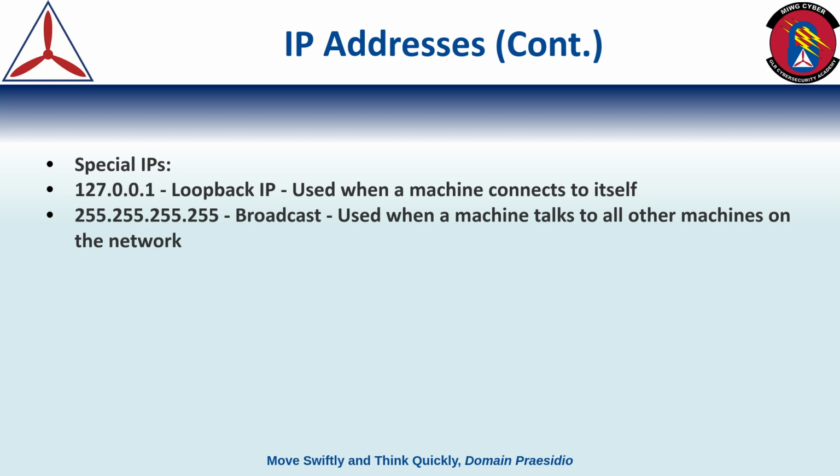This is common for something like a DHCP server, which is a server that hands out IP addresses to new clients. So when a machine joins the Wi-Fi, it will say, hey, I need a DHCP server, and it'll broadcast a discover packet to everyone on the network. And then eventually the DHCP server will get it and send a packet, and the client will send a packet, and it'll go back and forth until they have an IP address.